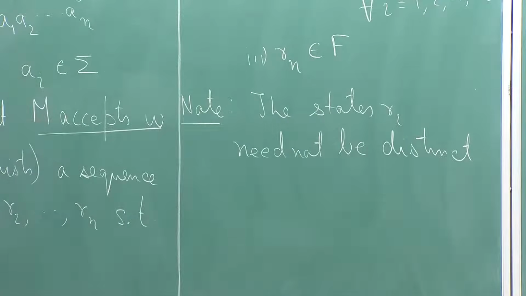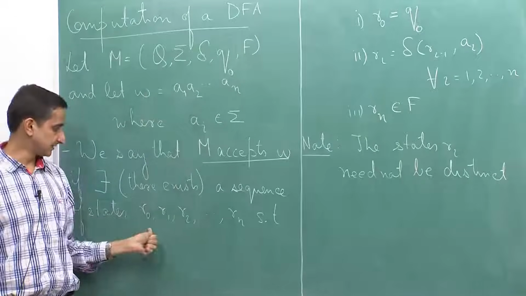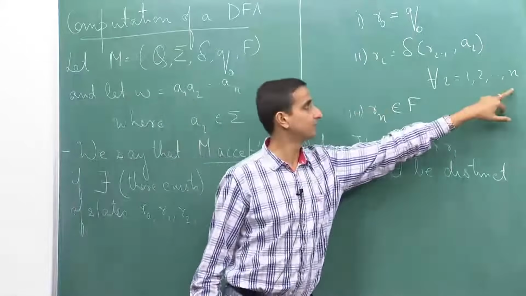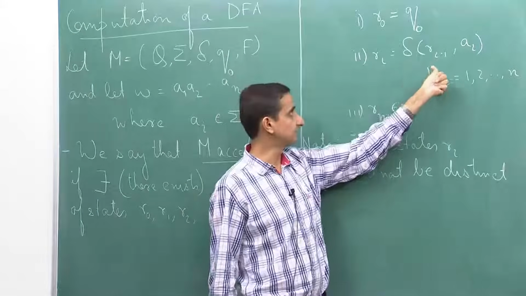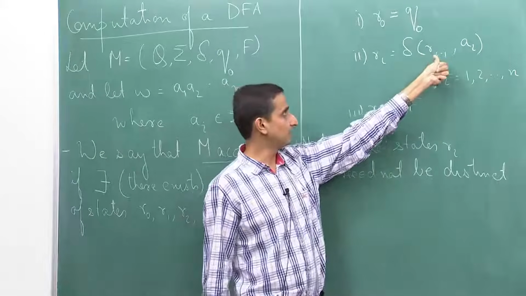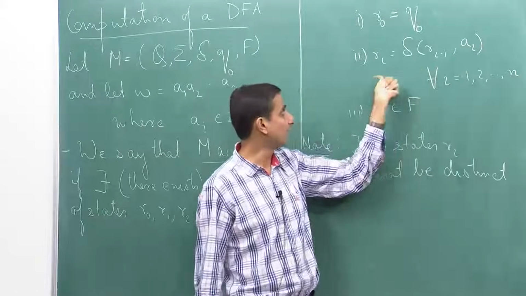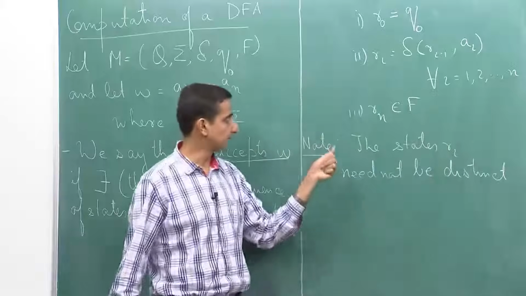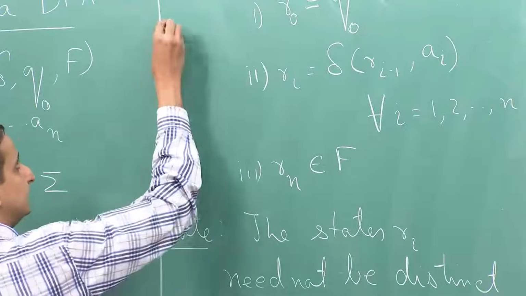Okay. So, if there is a sequence of states coming from my set Q such that the first state is the start state, and for every i going from 1 through n, Ri is the state that we get by applying the transition function to Ri minus 1 and Ai. Okay, so, basically R1 will be delta R0 comma A1, R2 will be delta R1 comma A2, and finally Rn will be delta Rn minus 1 comma An. Okay. So, this is basically the transition condition. Okay. So, let me write this here.